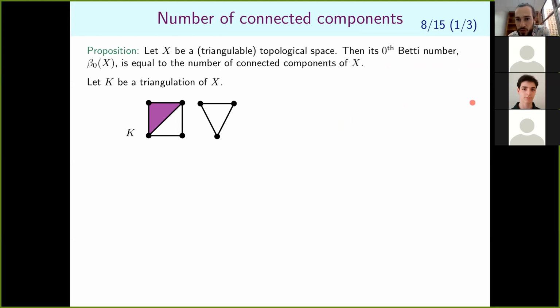So I want to show you here that the 0th Betti number is the number of connected components. But what is the number of connected components of a simplicial complex? It is defined as the number of connected components of the topological realization of your simplicial complex.